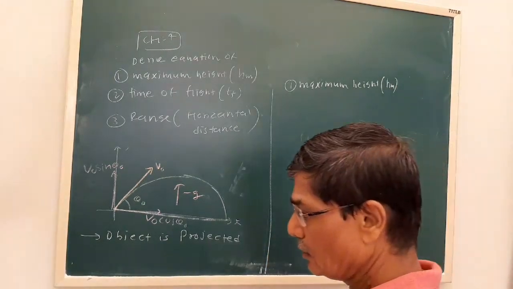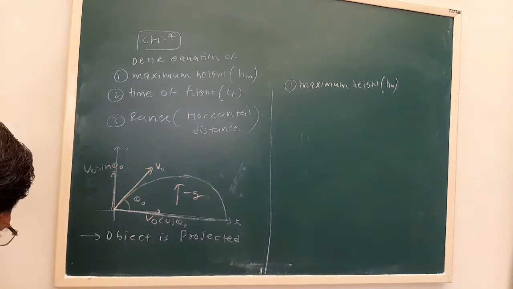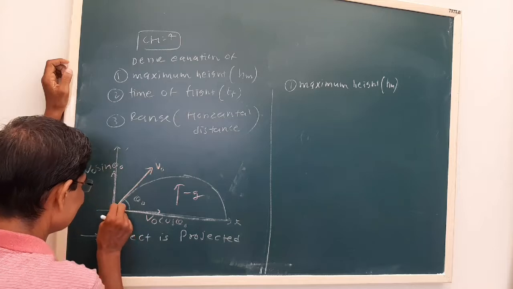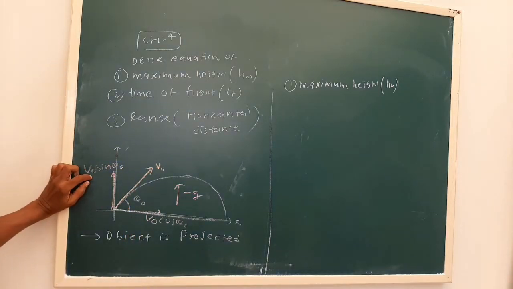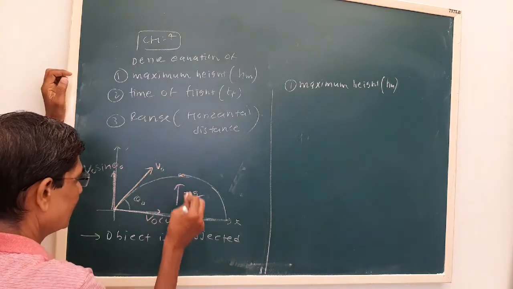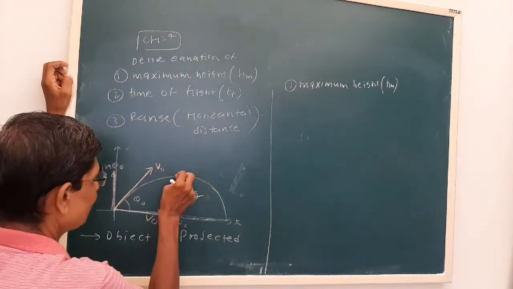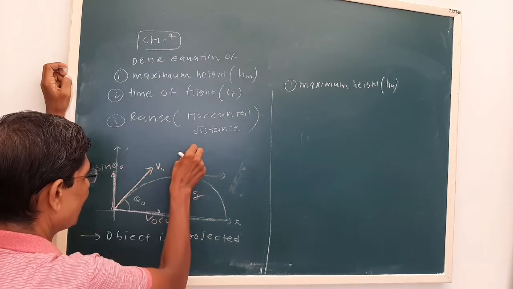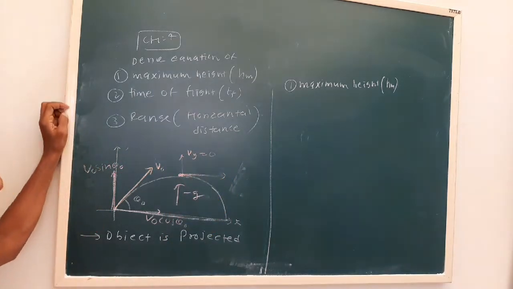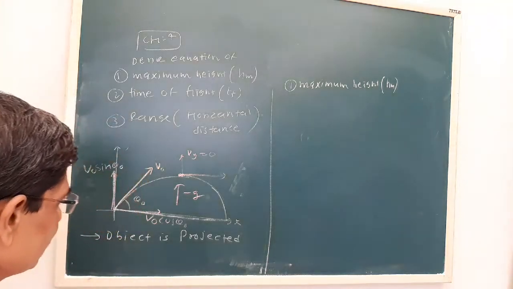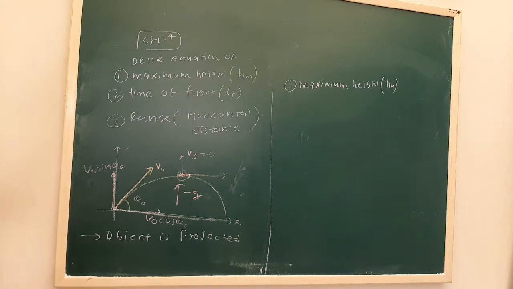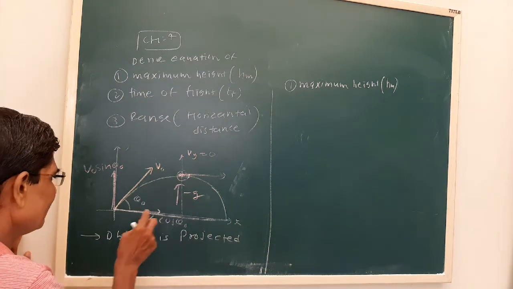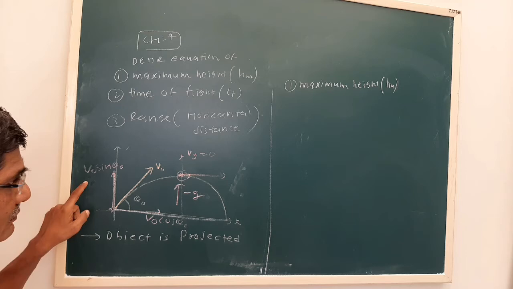Now this is a motion with a constant vertical acceleration. So this is the y component of the initial velocity. At the maximum height, the y component of the velocity becomes 0. Why? Because it is moving against gravitation. So the final velocity in the y direction is 0, and the initial velocity in the y direction is v0 sin theta.